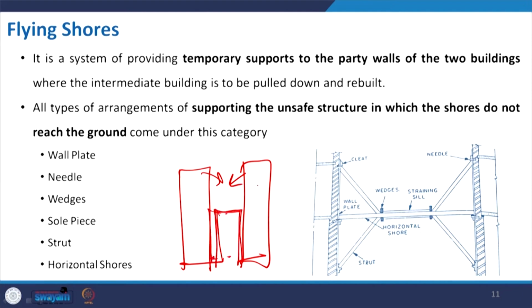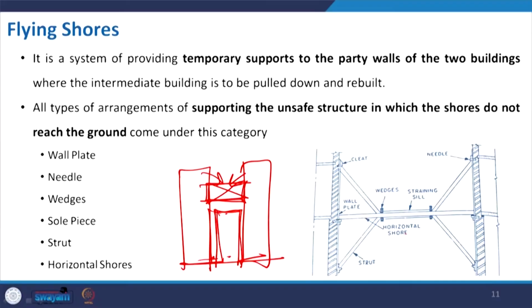So, you have to give initial support, and then you can use your shoring at the top, in an elevated or flying mode. In this case you call this a flying shore, and depending on the structure, thrust and span, the shore will be a single flying shore or a double flying shore. Like this is a single flying shore.